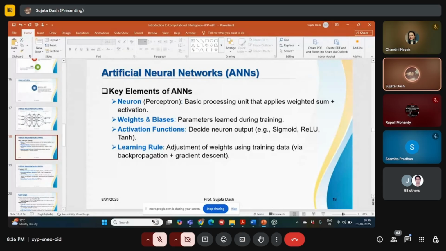The input which comes to the neuron is a weighted sum of inputs, and then it goes through an activation function. Then you can find another element, weights and biases. These are the parameters learned during training. You cannot change the input.